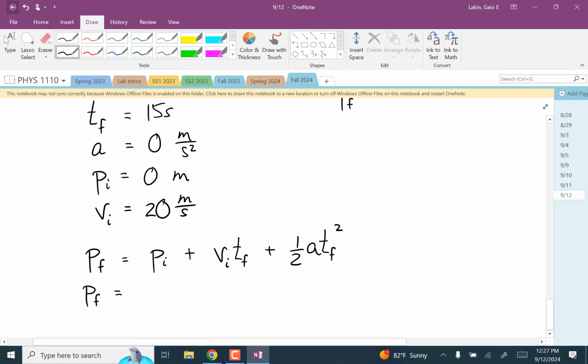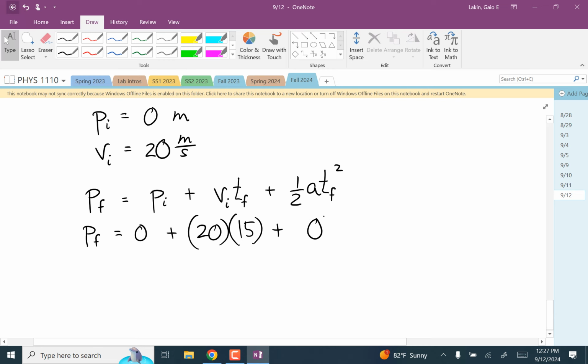So we have p final is equal to 0 plus 20 times 15 plus, since acceleration is 0, this whole thing goes away. And now you see what you kind of knew intuitively: to get that final position, to get that distance, all we had to do was multiply the speed times the time. And so what we get is that p final is equal to 300 meters.